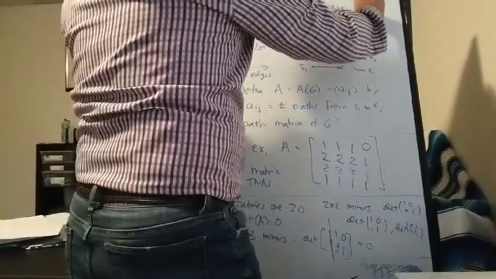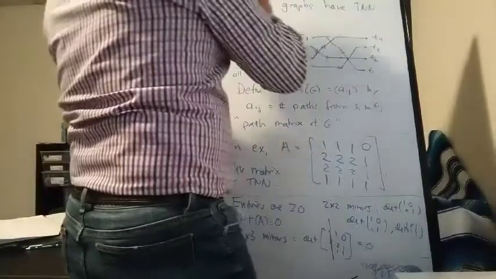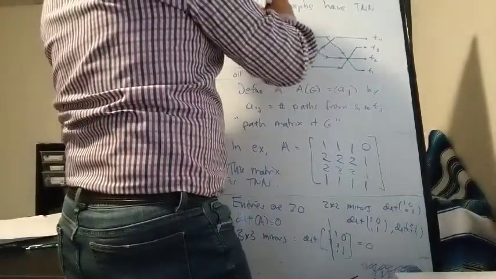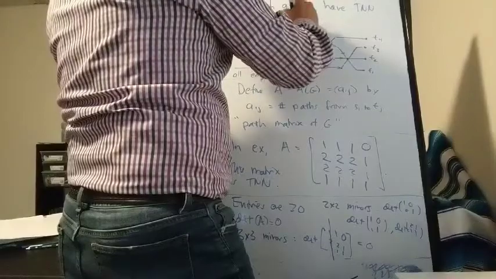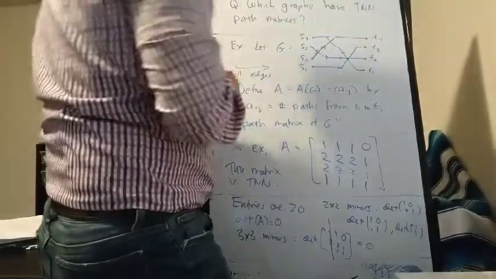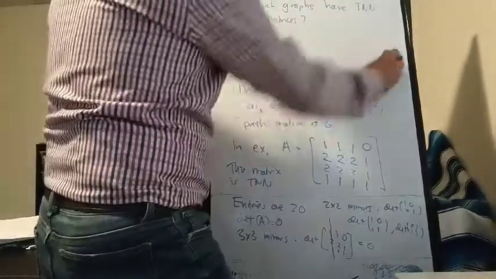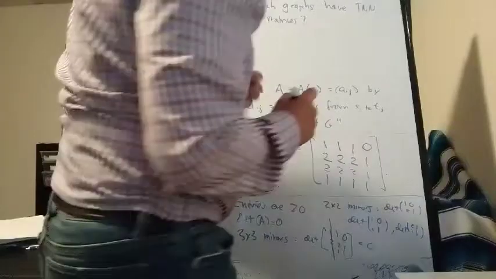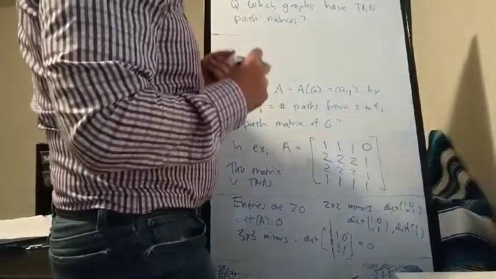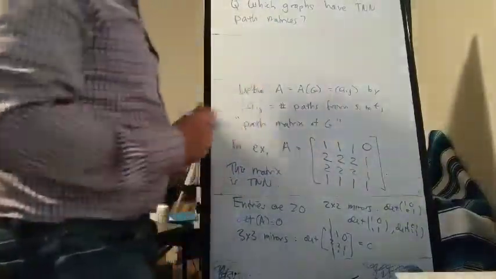So which graphs have totally non-negative path matrices? They have to be directed acyclic planar graphs.